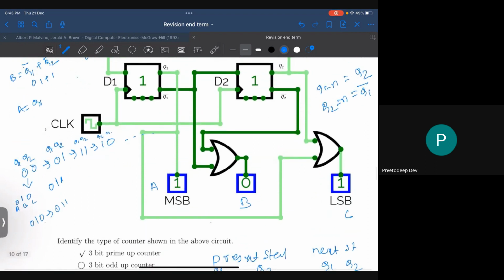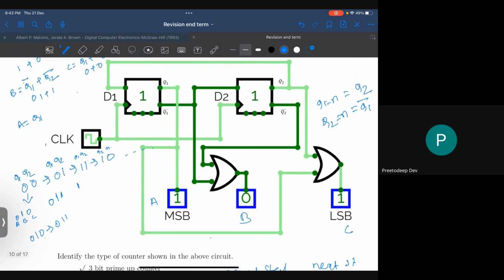Now when it's 1 1, a equal to q1, so it will be 1. What is the value of b? B equal to q1 bar plus q2, so q1 bar plus q2 is 0. And what is the value of c? C will be 1. So it will be 1 0 1.